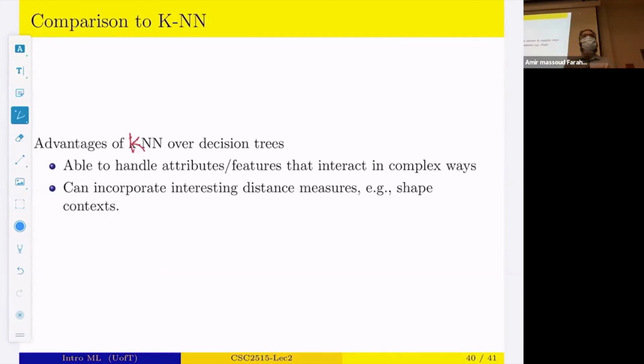But KNN has the ability to look at the combination of both of them. Also, KNN can incorporate interesting or useful distance measures. If you have some prior information about what is a good distance here, something other than Euclidean distance, you can incorporate that information for KNN, but you don't have that for decision trees.